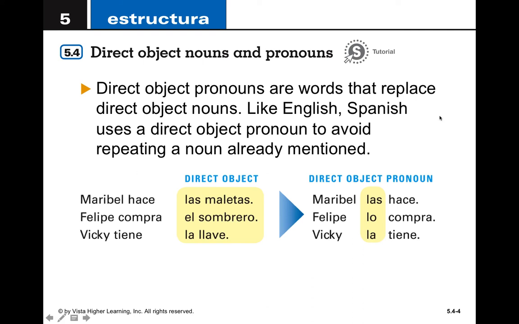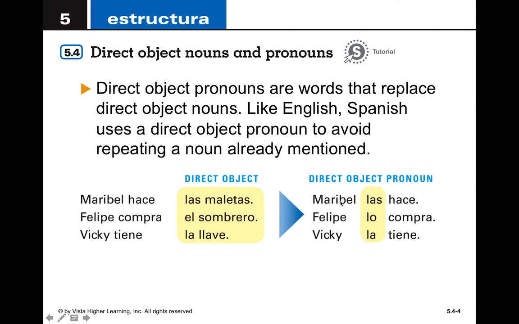So direct object pronouns are words that replace direct object nouns, right? So in the example at the very beginning, fotos, right? So like in English, Spanish uses a direct object pronoun to avoid repeating a noun already mentioned. So let's look at this example. Maribel hace las maletas. That's saying Maribel packs the suitcases.